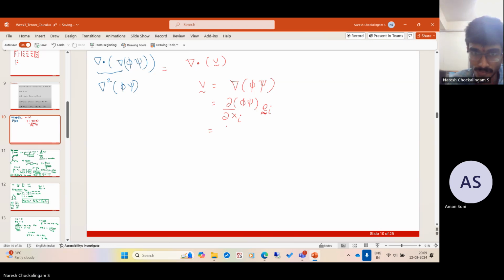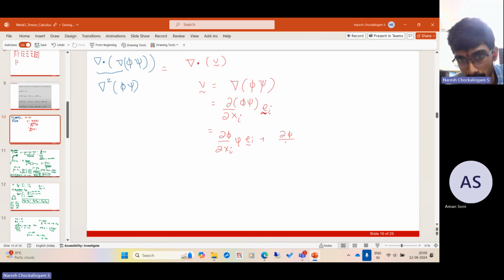Now xi is a scalar. X is a vector, but xi is a scalar. We have taken the vector component onto the basis vector. Now do the product rule here. So you get dou phi by dou xi psi ei plus, keeping phi constant, phi dou psi by dou xi ei. So this is the vector field grad of phi psi.